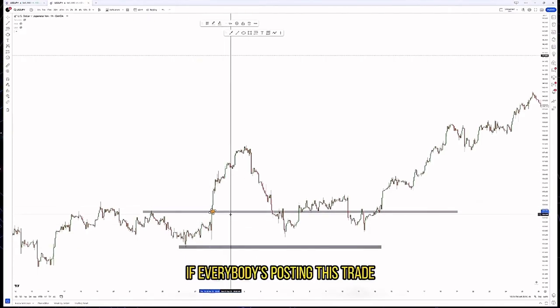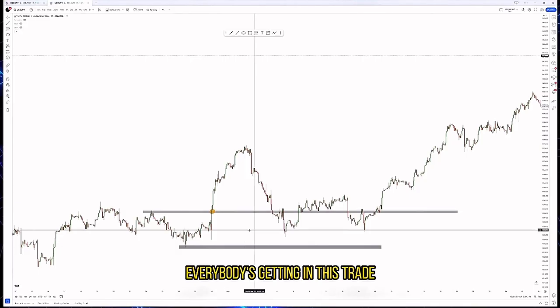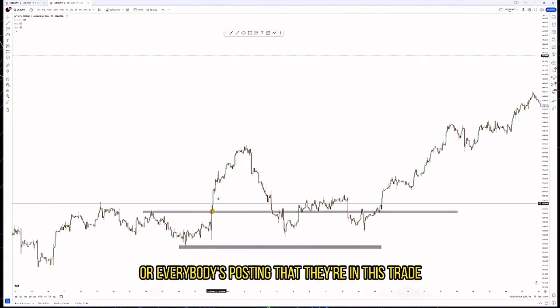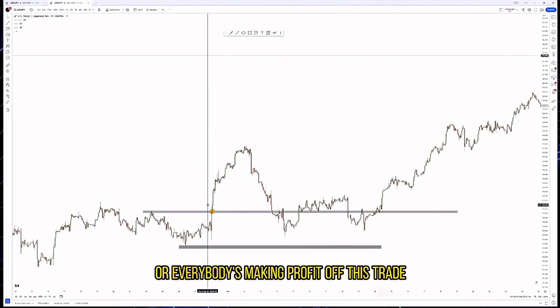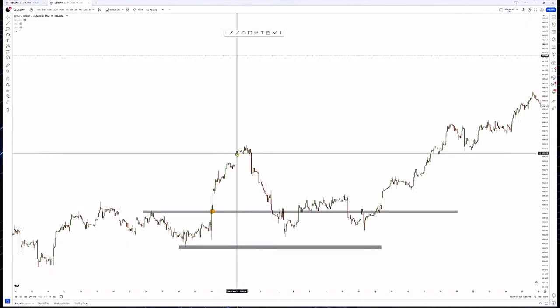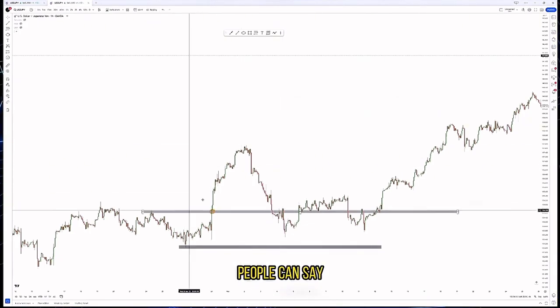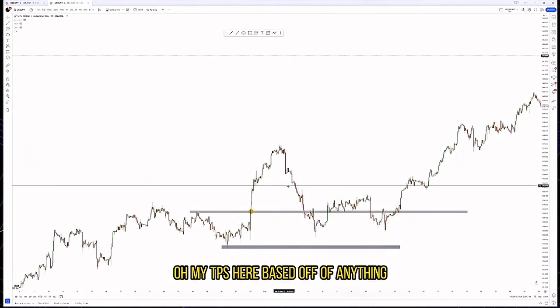If everybody's posting this trade, everybody's getting in this trade, so be it. Let it happen. If everybody posts on social media that they're in this trade, or everybody's making profit off this trade, they didn't know where it was gonna go. People can say, oh, my TP's here, based off of anything.